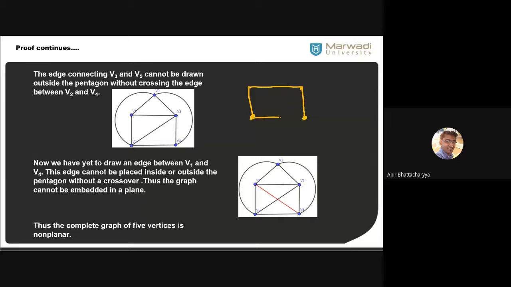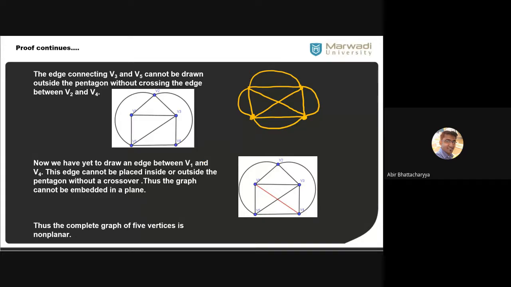This is a standard graph, there is no name for this graph. Like the last graph was Kuratowski's first graph, but this is a straightforward graph I give you. You have to think whether this is a planar or non-planar graph.